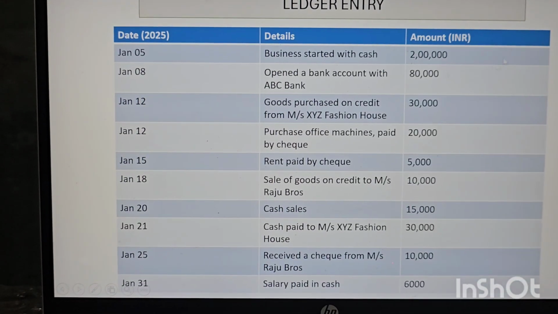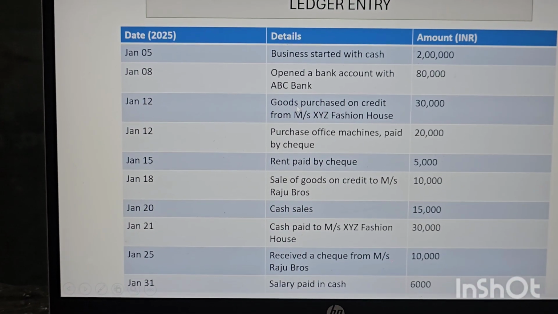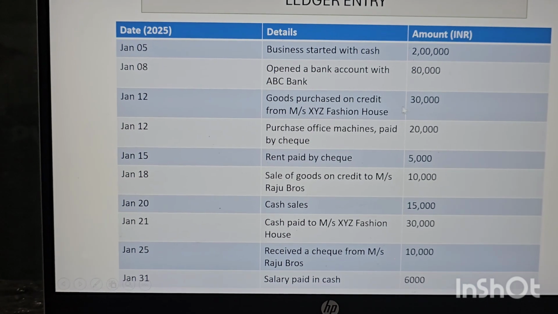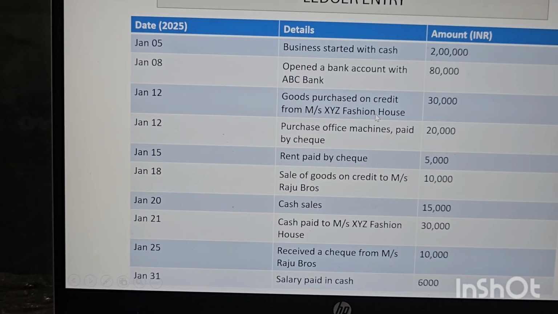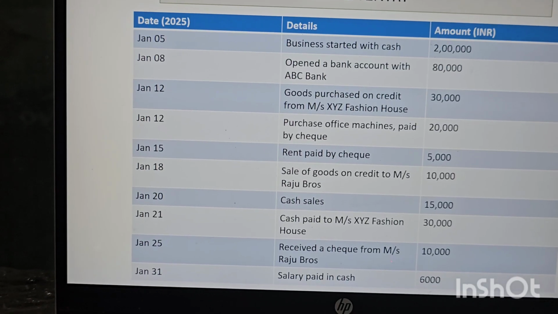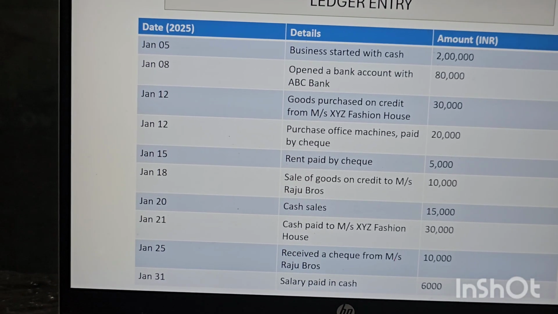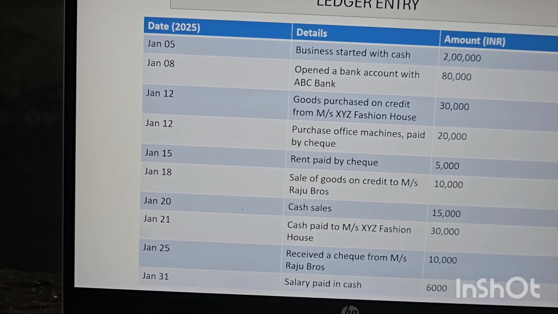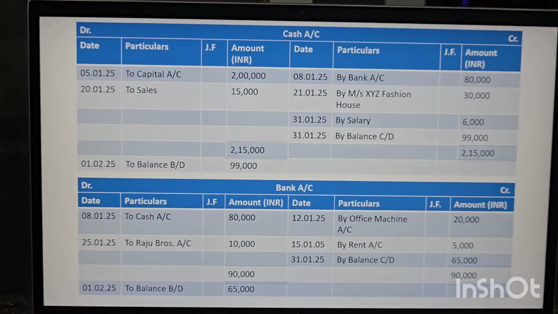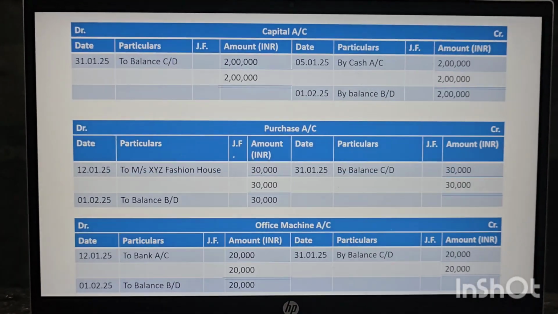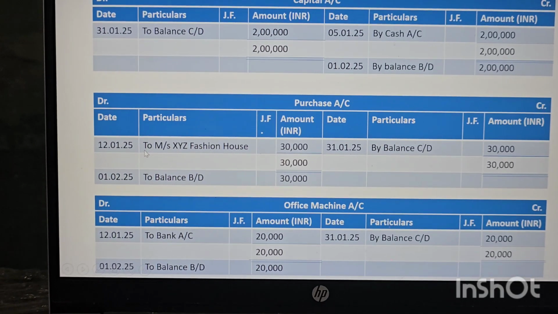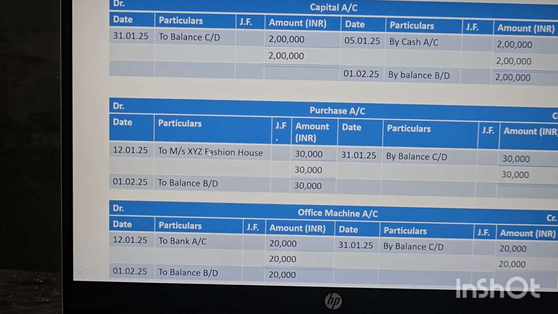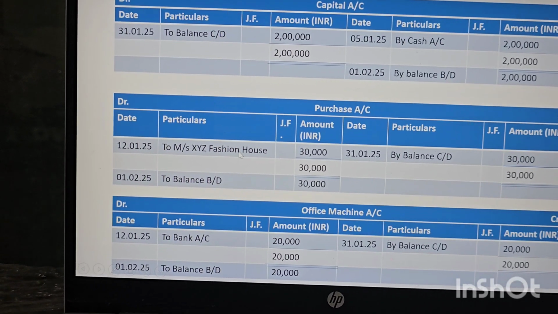Now the third transaction is goods purchased on credit of 30,000 from XYZ Fashion House. What should be the entry? The entry is purchase account debit to XYZ Fashion House.